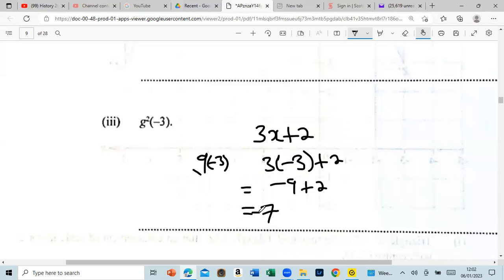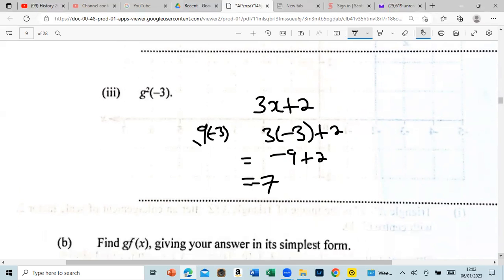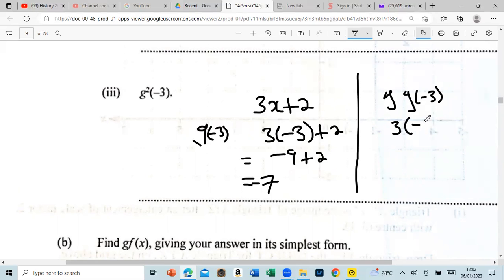So for g squared now, let's rewrite this. Since that equals negative 7, it's going to be 3 times negative 7 plus 2.